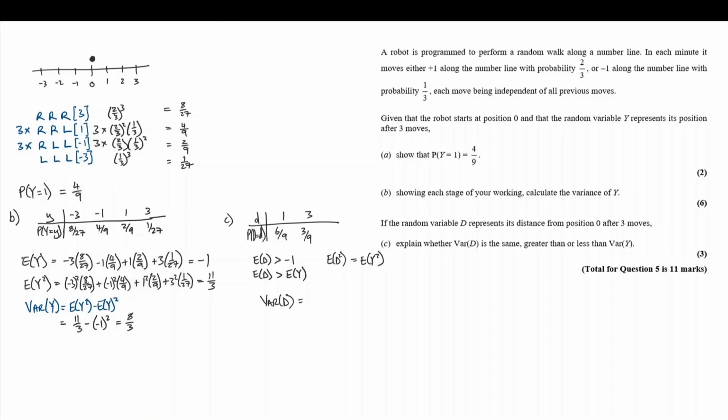Well, that means if we were to calculate the variance, I'm subtracting the larger number: the expectation of D is bigger than the expectation of Y. So the expectation of D squared matches the expectation of Y squared, but I'm subtracting more away from it, which means the variance is going to be smaller. So that should be enough to show that the variance of D is less than the variance of Y.